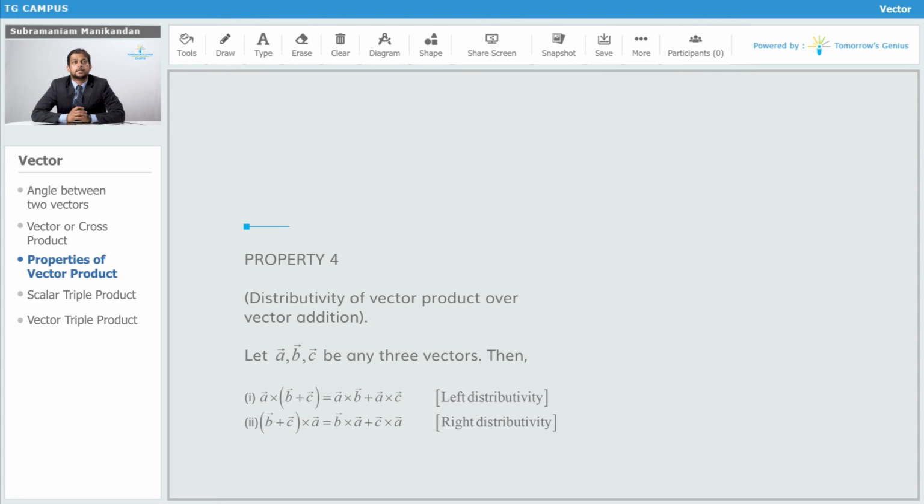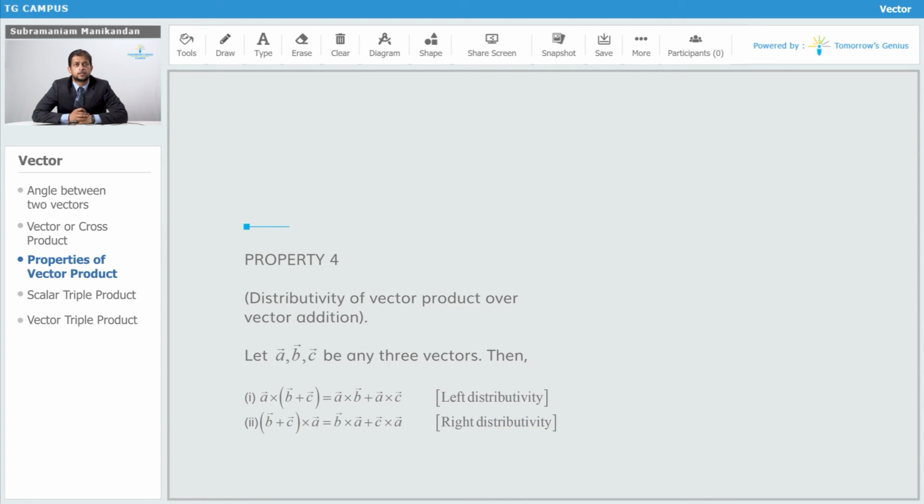The fourth property is the property of distributivity over vector addition. So if you have three vectors a bar, b bar and c bar, the vectors b bar and c bar have been added. That is, we take the cross product of the vector a bar and the resultant of the vectors b bar and c bar.